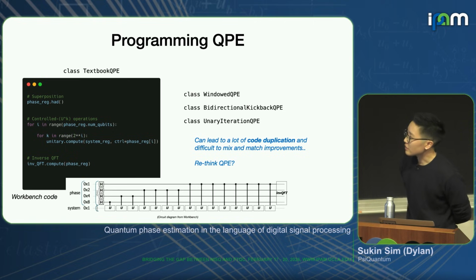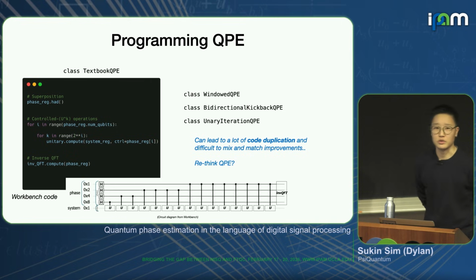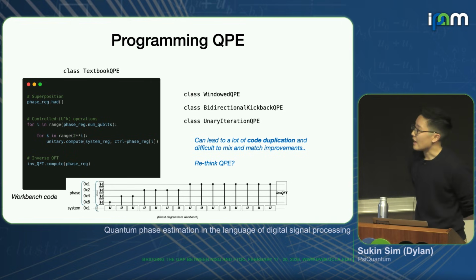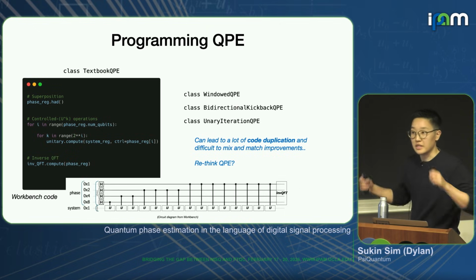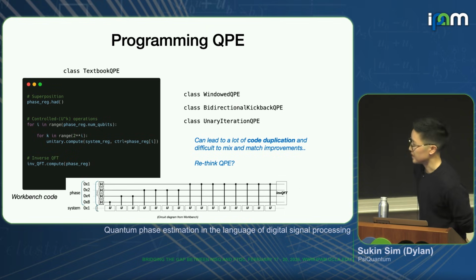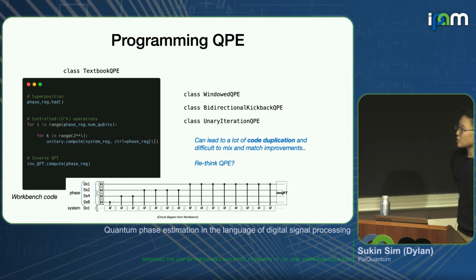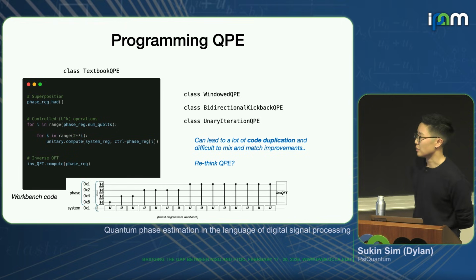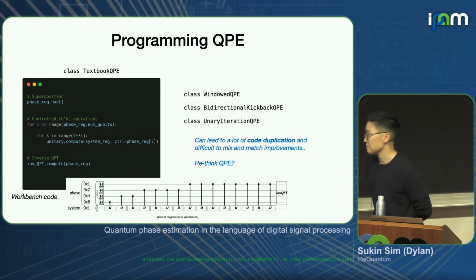While a lot of these add new features to phase estimation, they still share a lot of the core structure. This can lead to a lot of code duplication and make it hard for us to mix and match these improvements. So this motivates us to perhaps rethink or re-abstract the way we think about phase estimation.